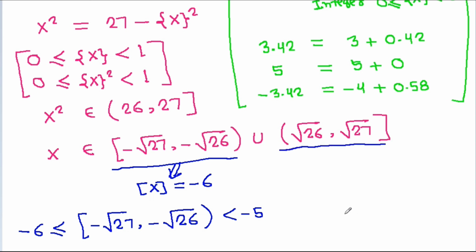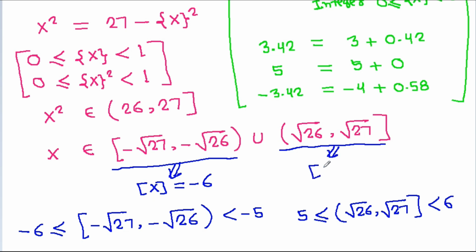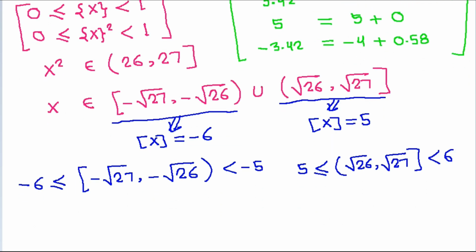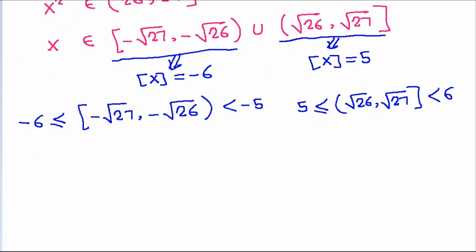And here, square root of 26 to square root of 27 is less than 6 and greater than or equal to 5. That means the greatest integer of x will be 5. So we get [x] equal to minus 6 and 5.